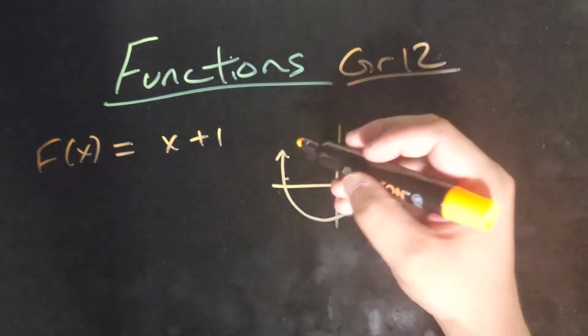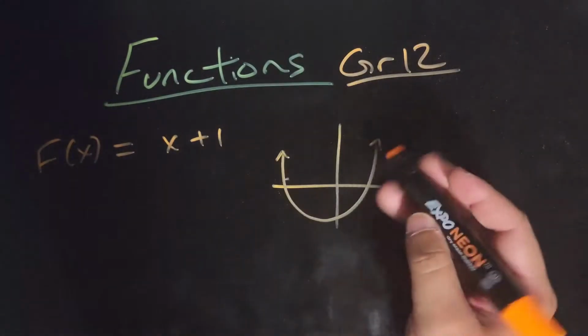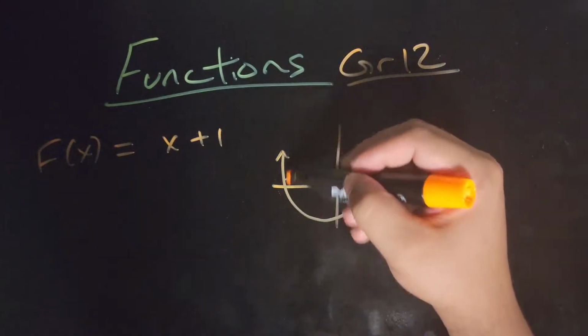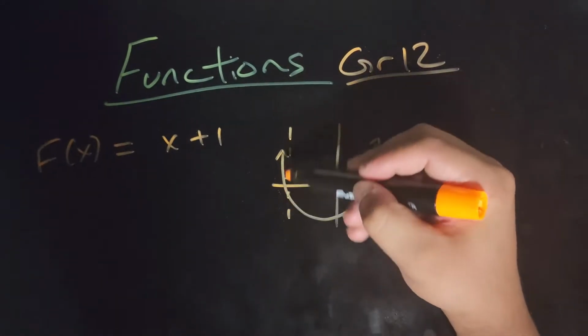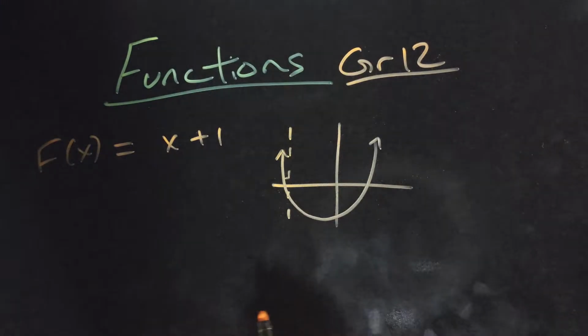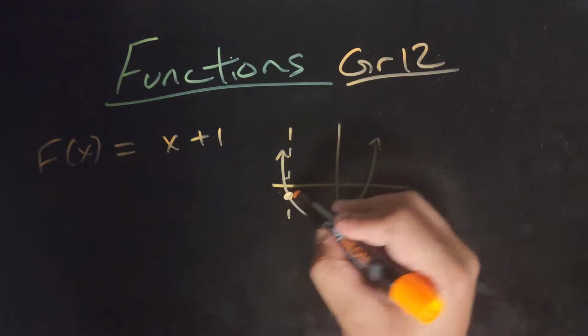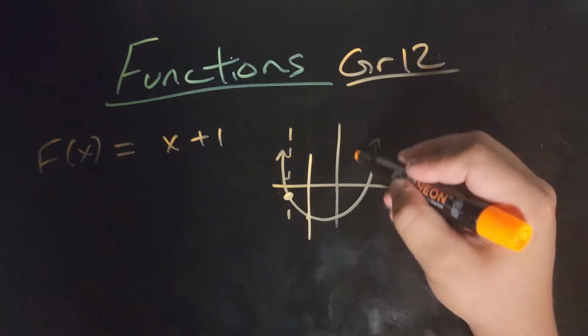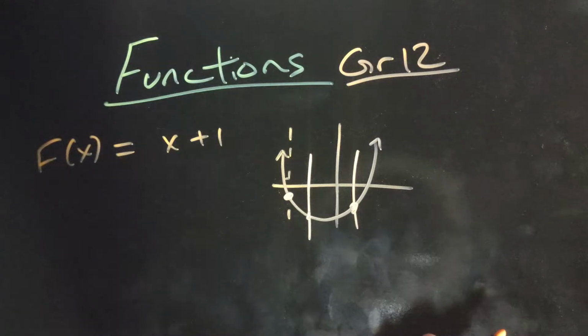So another way of looking at that statement is the vertical line test to see if something is a function. Every time you draw a line down the vertical axis, you should have only one. Doesn't matter where you put this line, it should only go through it one time.